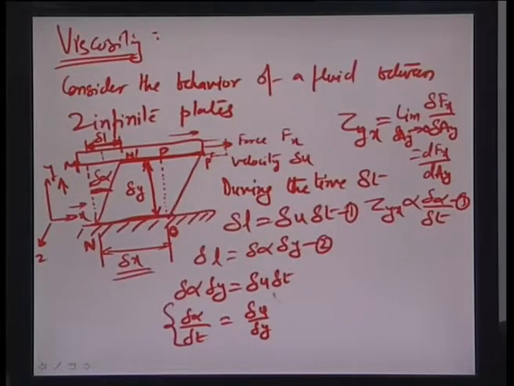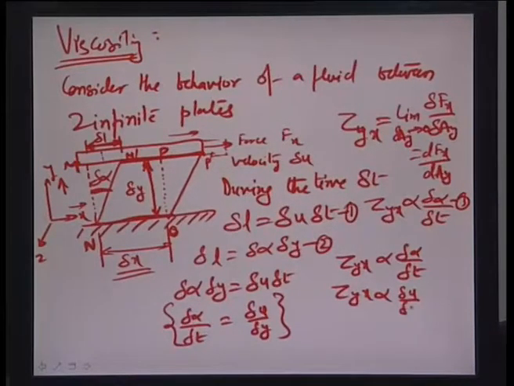Now, as we know that the shear stress tau x y, really tau y x, is proportional to delta alpha by delta t, we can easily say that tau x y also is proportional to delta u by delta y. Taking limits here, we get d alpha by dt equal to du by dy, and this is what the velocity gradient is.